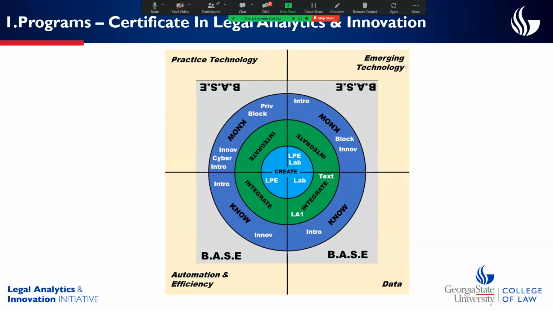We need something where students can engage in more projects and get Integrate level skills in the certificate program without having to have a bunch of prerequisites. So that's what we're looking at now, and things we can do to beef up our Integrate level program offerings. That's one way you can use the model to look at your programmatic offerings and program development.